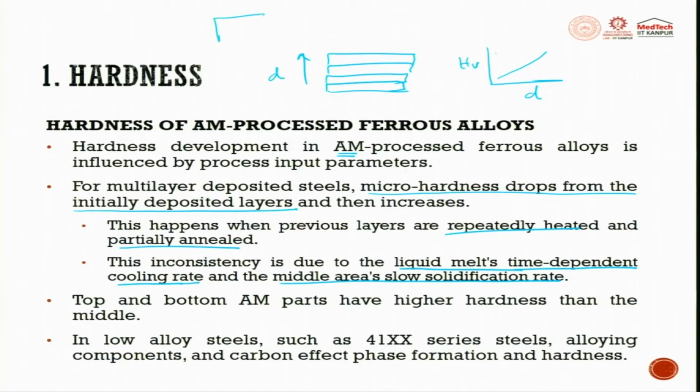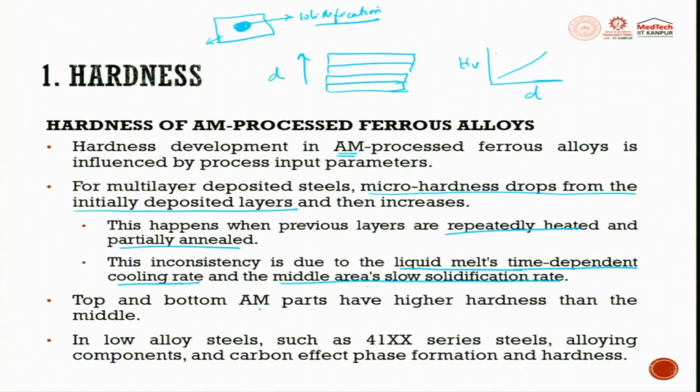What are we trying to say? If you have this layer, here in the center it will be slowly cooling. That is the middle area slow solidification rate and the liquid metal time dependent cooling rate. Here it is cooling rate and here it is solidification rate. Both things dictate the output, and that output is nothing but the hardness.